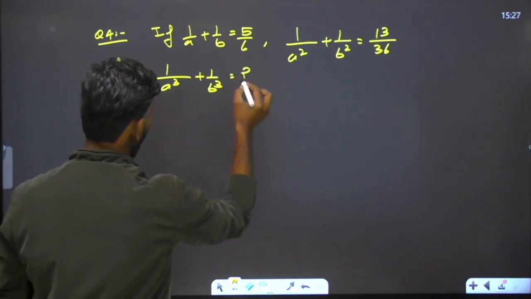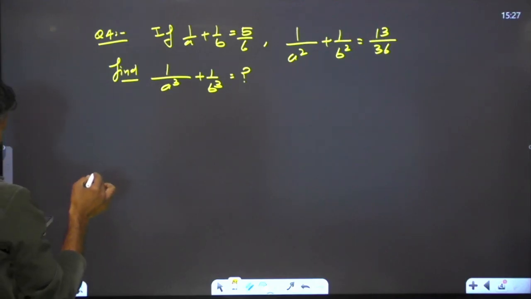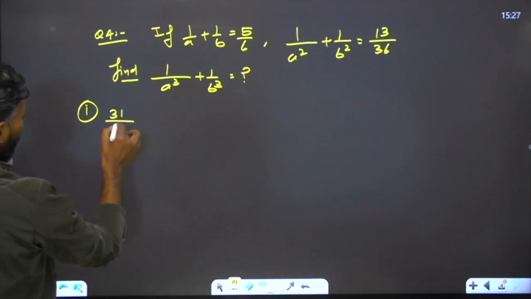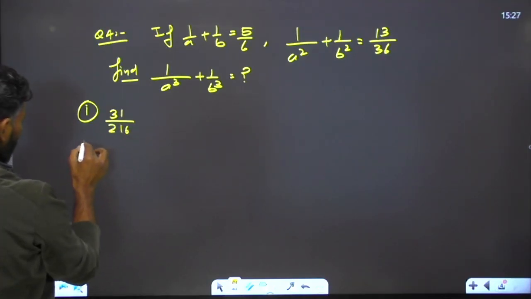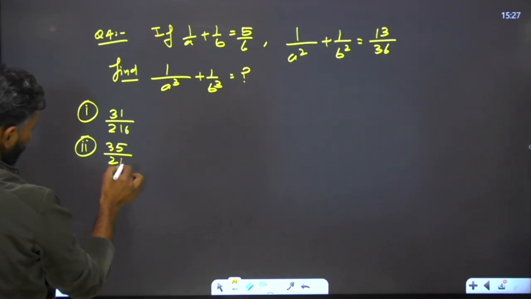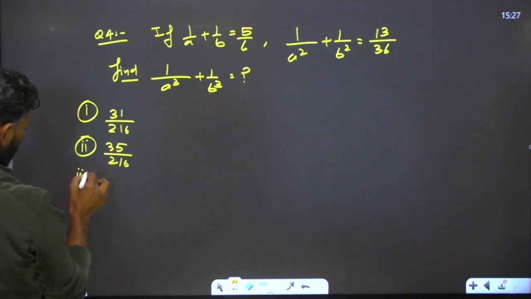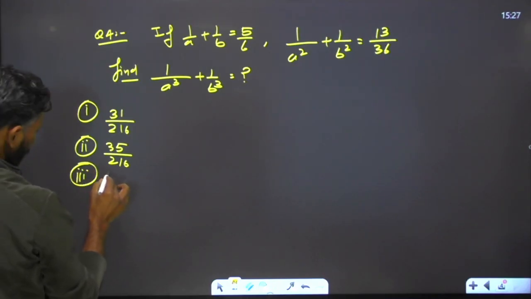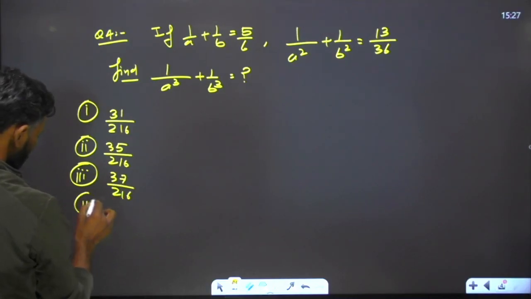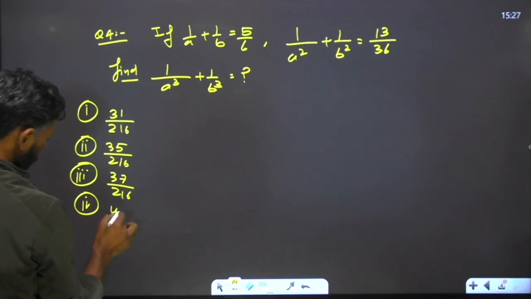Understand that? And the options are: the first option is 31 upon 216, second option is 35 upon 216, third option is 37 upon 216, and the fourth option is 41 upon 216.